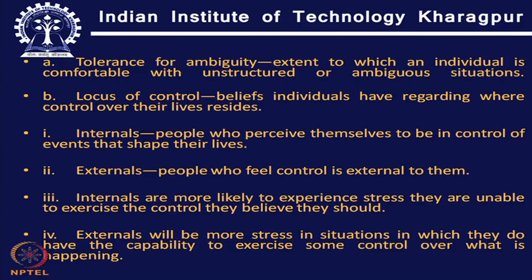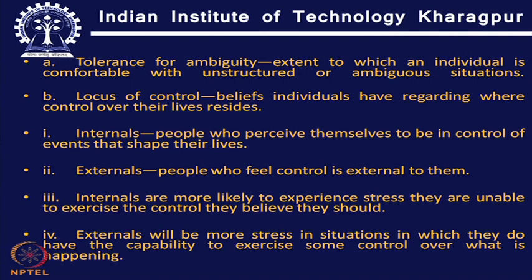These personality factors are, of course, tolerance for ambiguity, the extent to which an individual is comfortable with an unstructured or ambiguous situation; and locus of control, the beliefs individuals have regarding where control over their life resides.